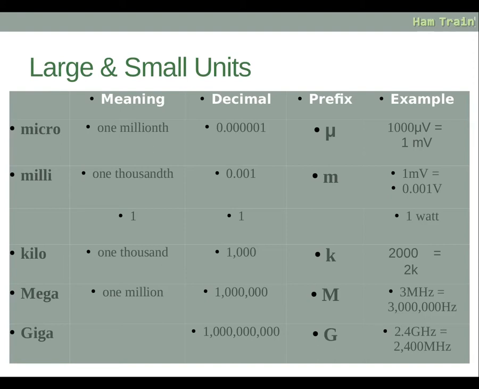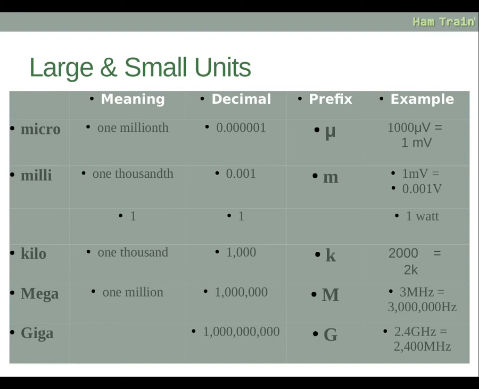The prefix is m, lowercase, and as you see in the example, 1 millivolt would be a lowercase m and a capital V for volts. We then have kilo, which we should all be fairly familiar with, is 1000. Its prefix is a lowercase k, and in the example there, 2000 would be written as 2k.